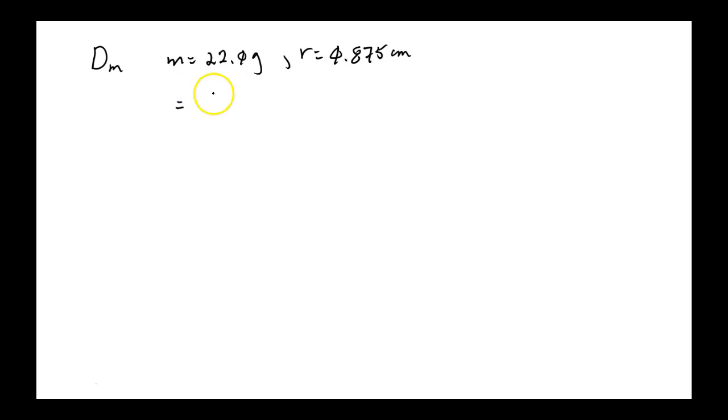So the mass would be 22.0 grams times blank blank equal blank kilograms. Right? So forget what the first number is. What is your second number? I mean the unit. What unit goes where?